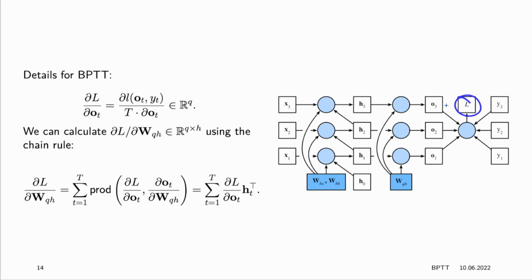Now, if we apply backpropagation through time to this, our goal is to compute the gradients with respect to all the weights. The first step is that we start here and compute the gradients with respect to these outputs, so the gradient of L with respect to o_t.